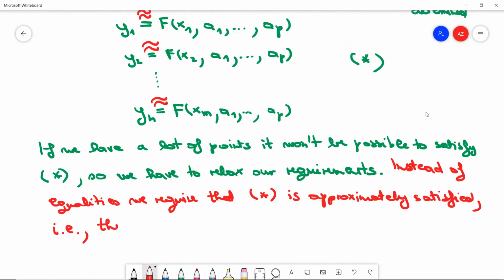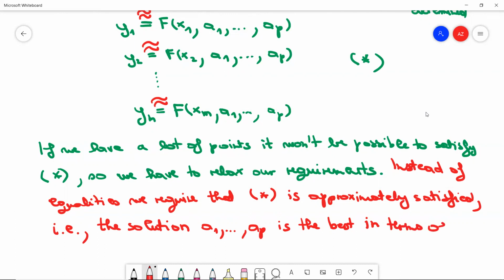So the solution A1 up to AP is the best in terms of the method of least squares. What does this mean?